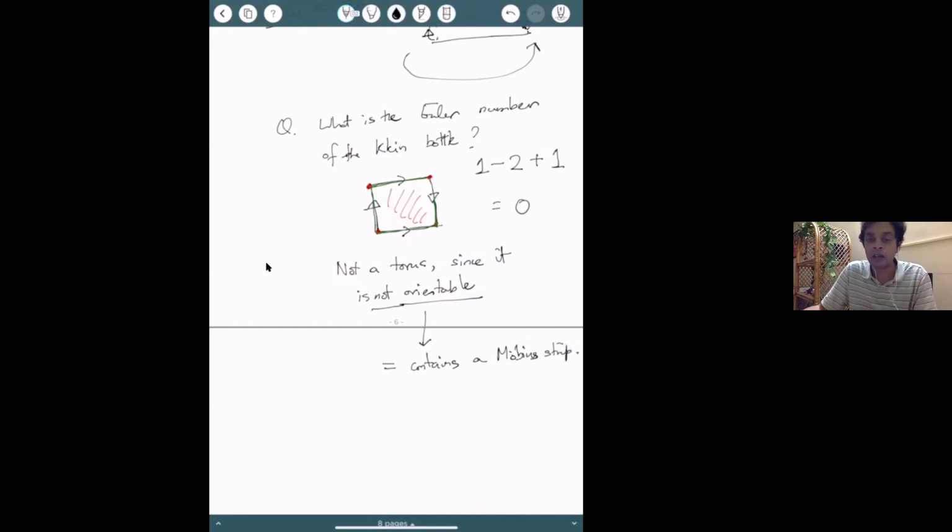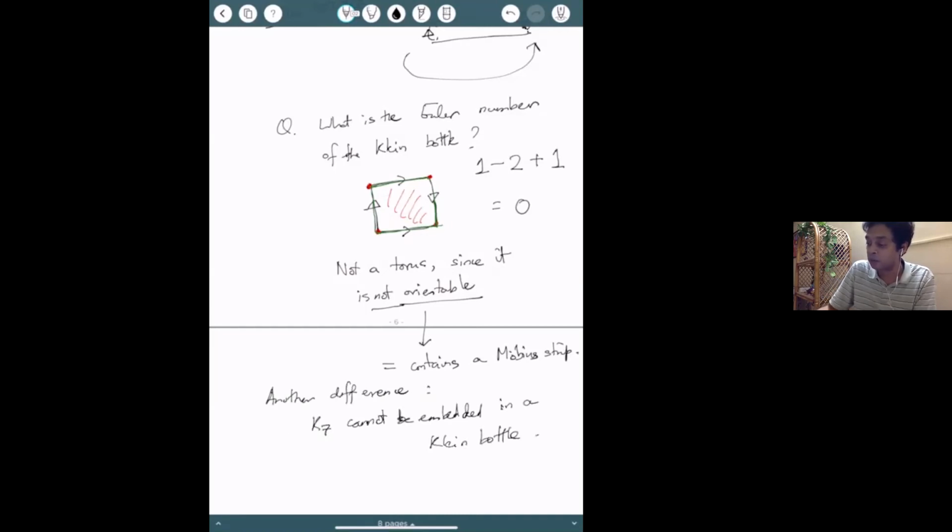In fact, there's another way that it's different from a torus. Another difference with the torus, in terms of some of the things we were seeing, is that K7 cannot be embedded in a Klein bottle, but it can be embedded on a torus, it turns out.